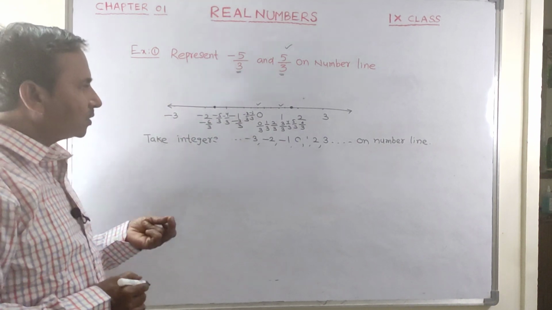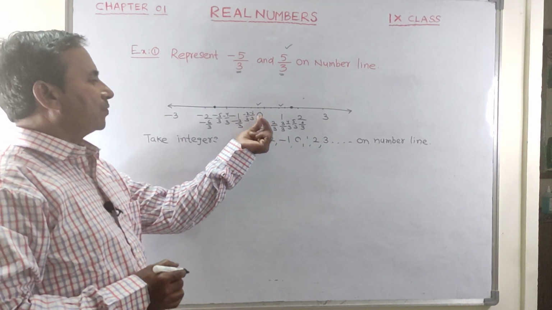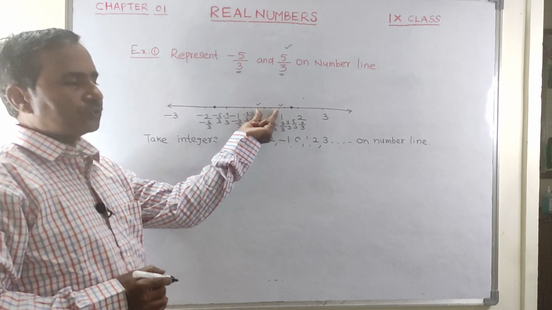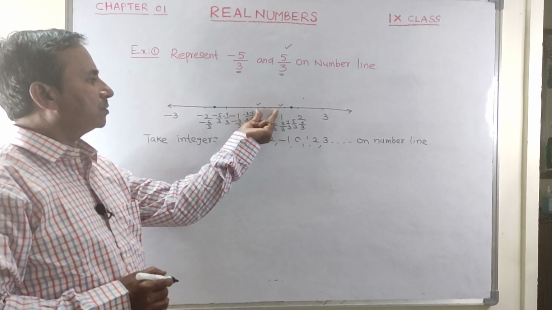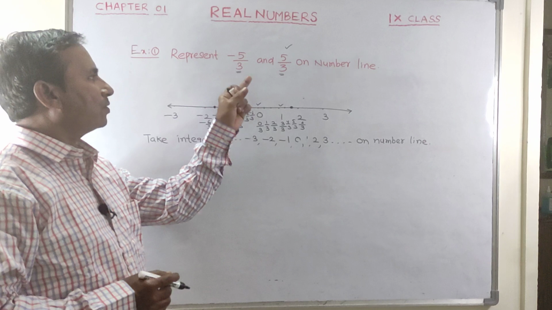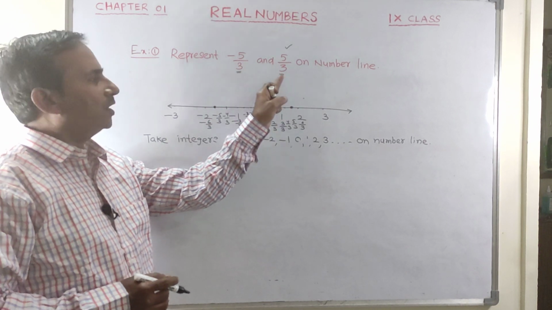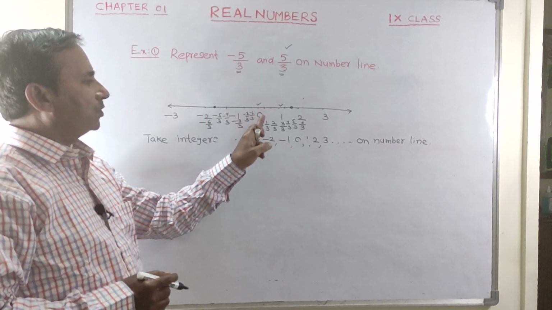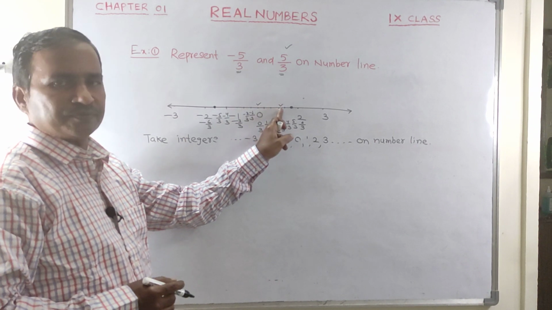So what we have to do once again: each unit we have to divide into as many parts as we have in the denominator here. If we have 4, you have to divide into 4 parts here.